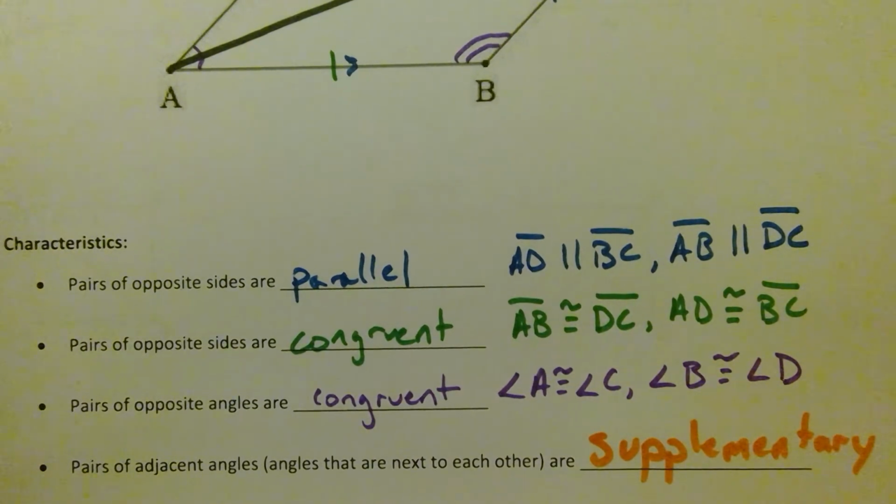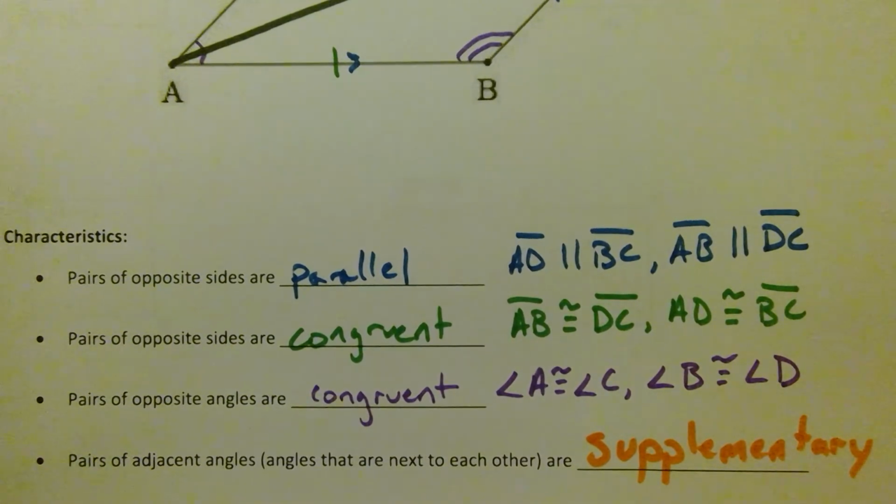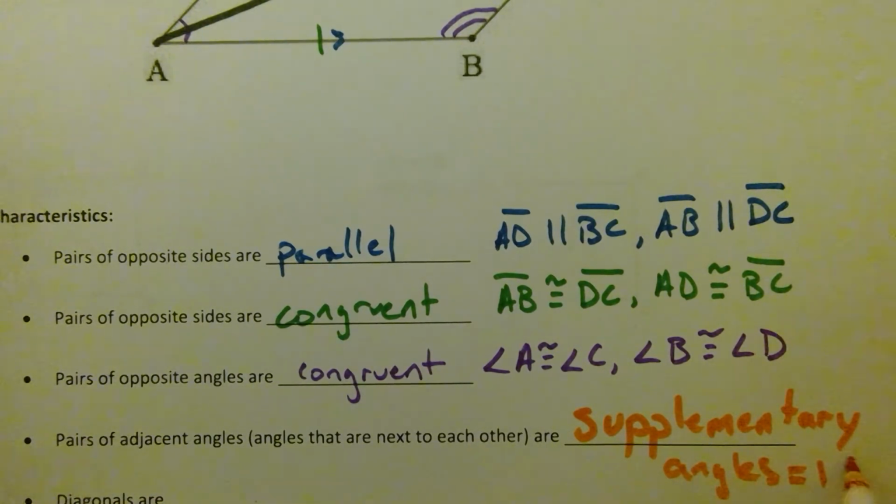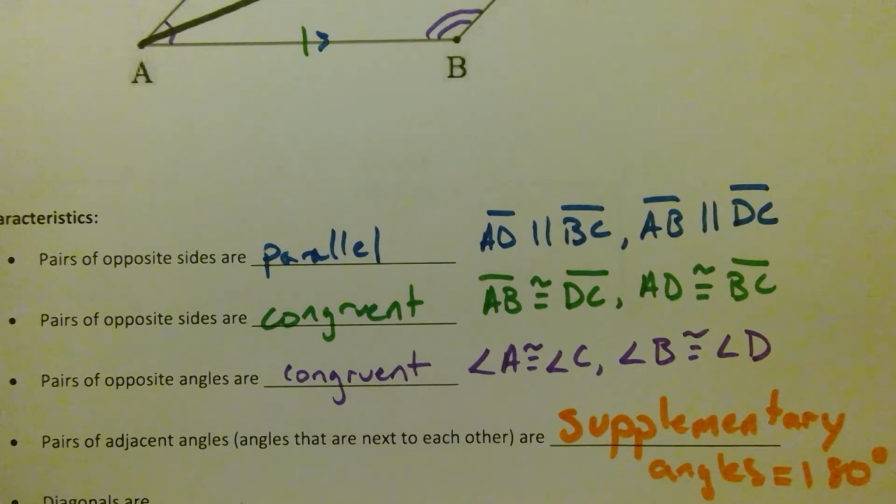Okay, and do you remember what supplementary means? Hopefully, we said that that is angles that add to 180. Angles equal 180 degrees. Okay? So that's going to be an important feature as we move along.